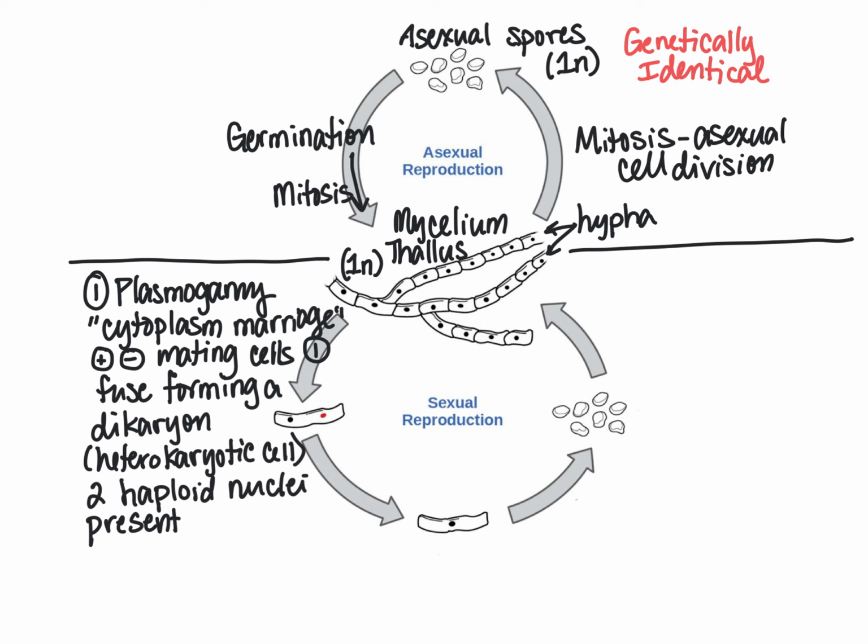We denote this condition as N plus N, because the N's are standing for the haploid nuclei present in this cell. So you can see in this picture here, this is our dikaryon, and you can see the two nuclei present, and each nucleus has one set of chromosomes.